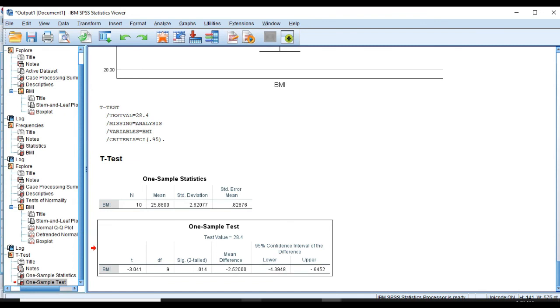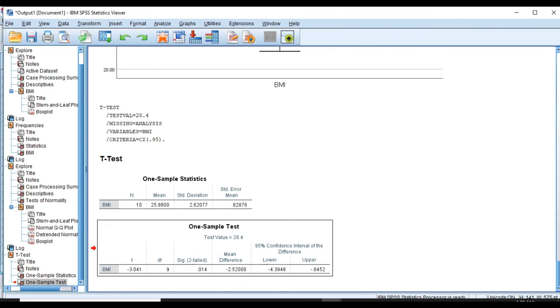Also, the p-value here is 0.014, which is smaller than 0.05, which means that it is statistically significant. And finally, the lower confidence interval is minus 4.39 and the upper value is minus 0.64.